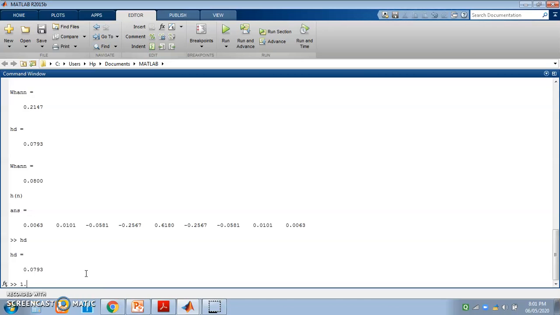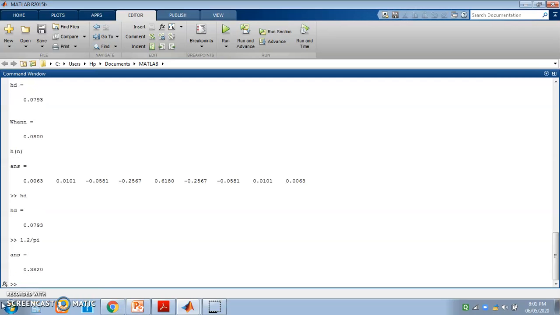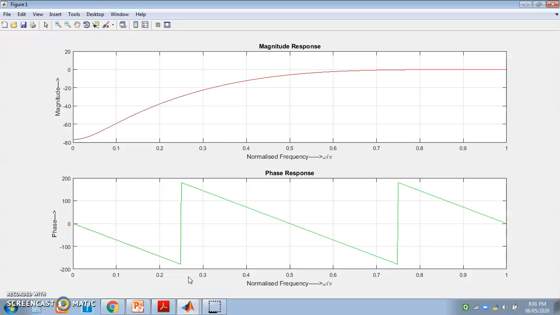1.2 divided by pi, we have that value as 0.3820. If you consider the magnitude plot near about 0.4, here it is the cutoff frequency point, that is 0.38. By choosing the data cursor we can find out the point that we are interested in, that is nothing but 0.38.